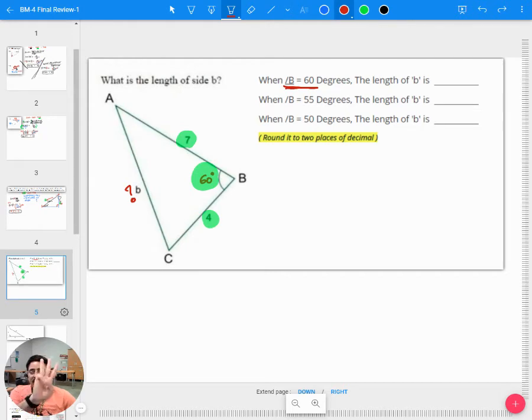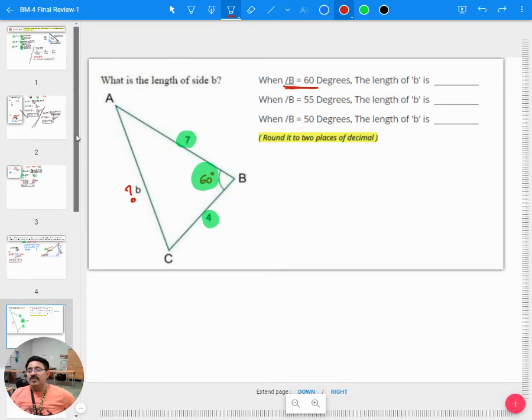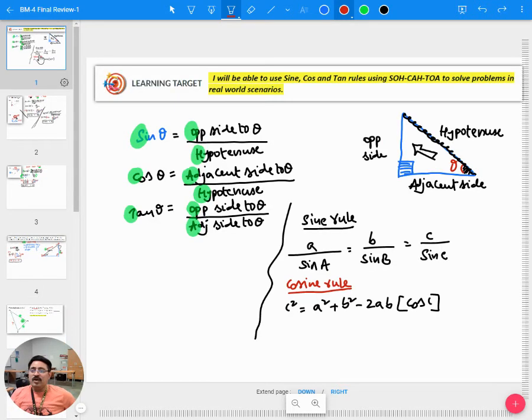Again, one angle, three sides. So which rule do I have to use? Really quick, if three sides are involved, we go with the cosine rule.